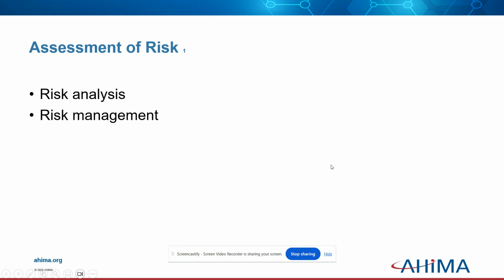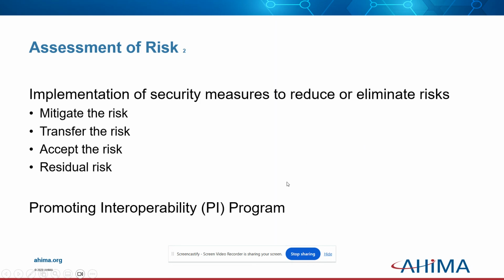When we move to risk, number one, we have to be able to analyze the risk that is in place or the risk that is there. And then in terms of risk management, determining how we will manage that risk.